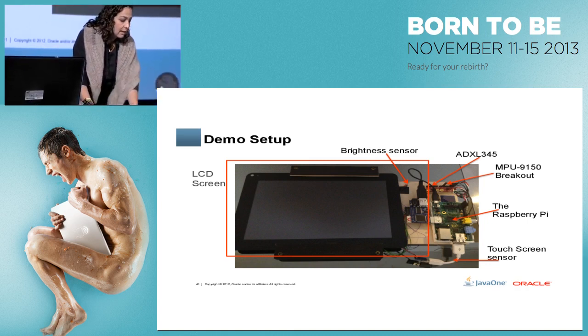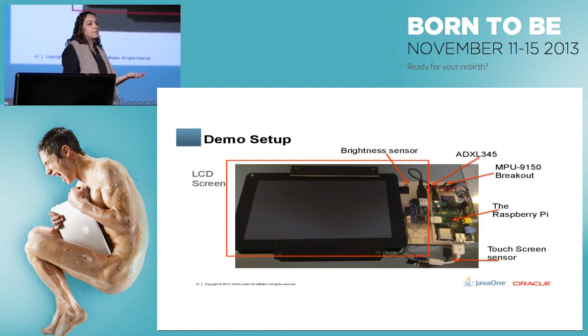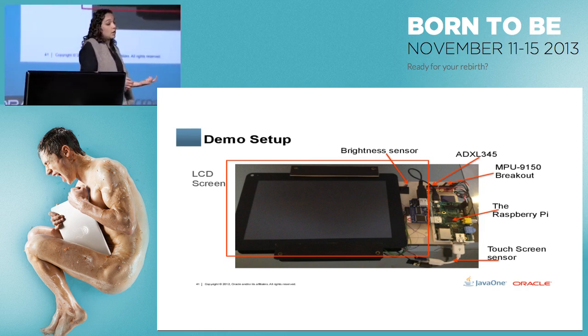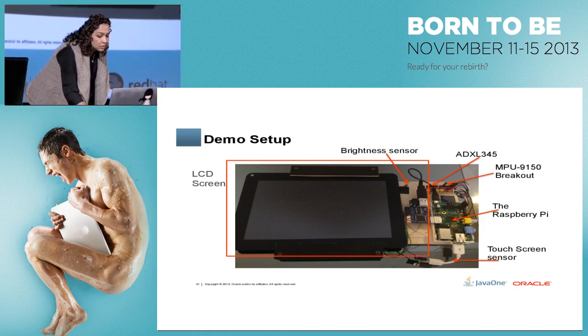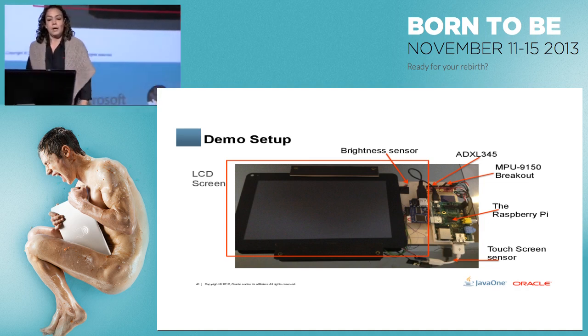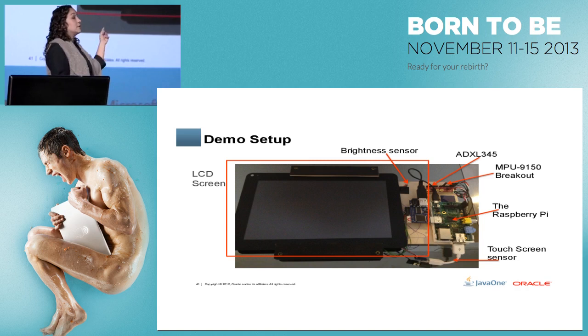The idea is that the screen should be able to adjust the brightness depending on the environmental light. We do have touch functionality for the screen. The way it works is the touch sensor goes to the USB of the Raspberry Pi. Something that I found a little bit weird is that when you connect the screen, it is actually the one that powers the Raspberry Pi.